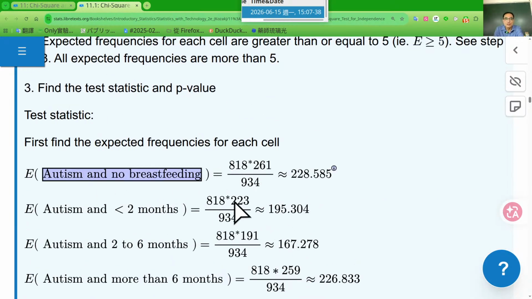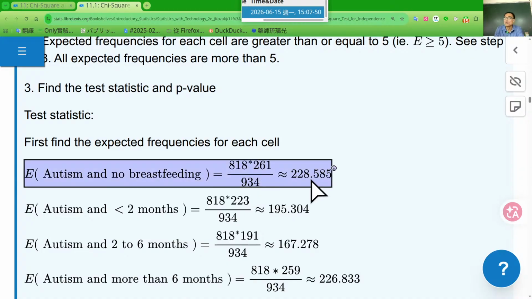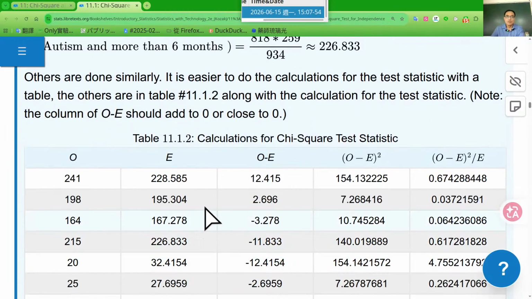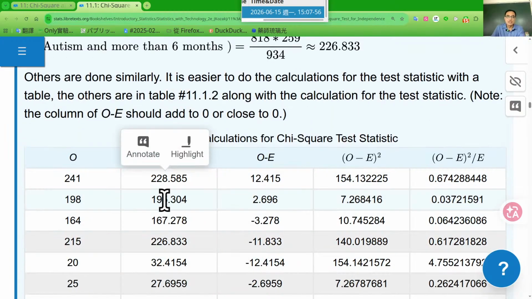The expected value is the total for autism times the individual column total, divided by the total number of babies. That's 228. The same way for the others.